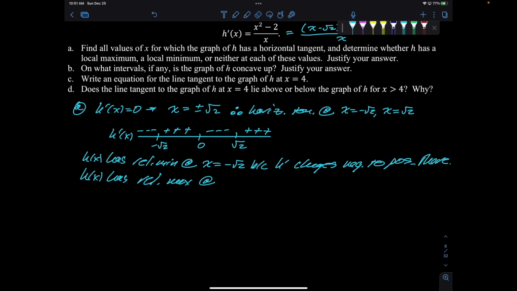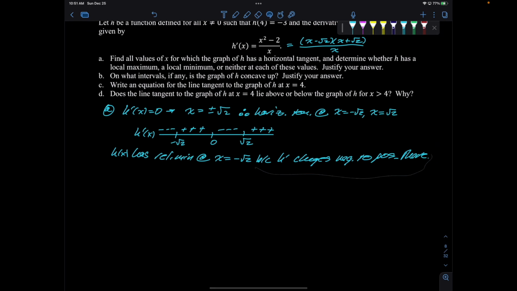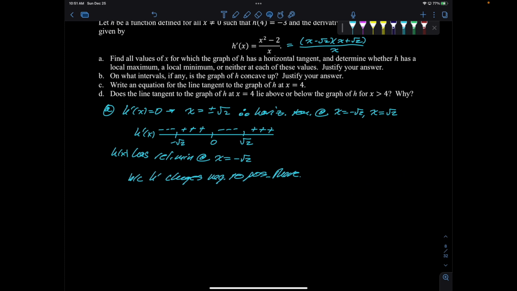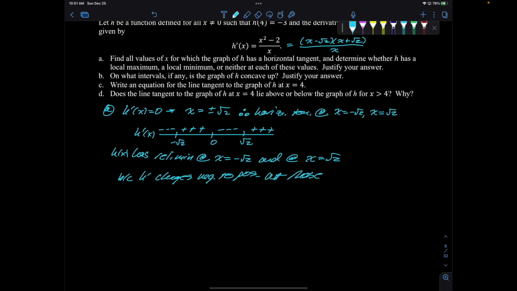Nope, relative min. Okay, at both of them. So let's change this up and say at both of them, and at x equals root 2. And let's change "there" to "at those x values" or coordinates.